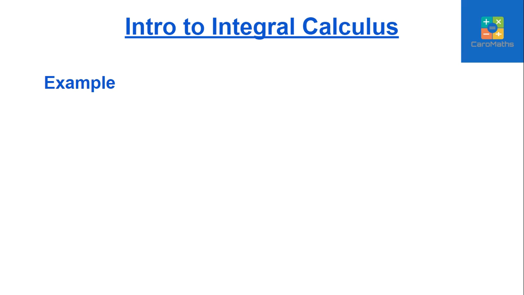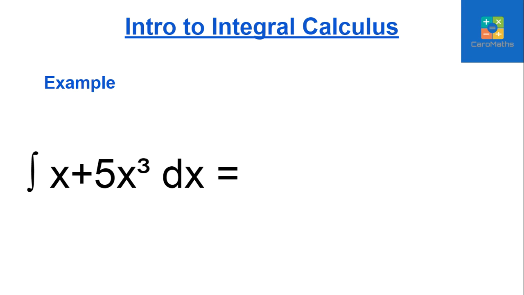And now let's have a look at the second example, which is the integral of x plus 5x cubed dx. And when you've got a sum of different terms that you need to integrate, then you just take each term in turn. So it's exactly the same principle. You just deal with each term one at a time. So don't get overwhelmed if you see lots of terms that you need to integrate in one integral.